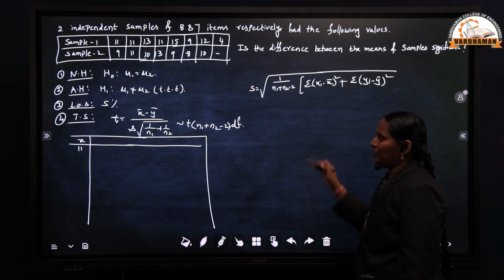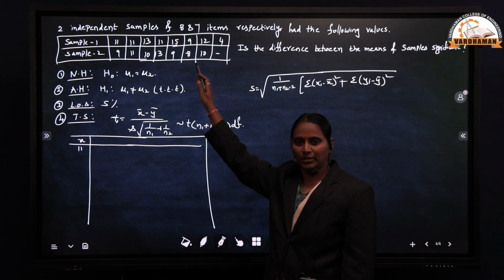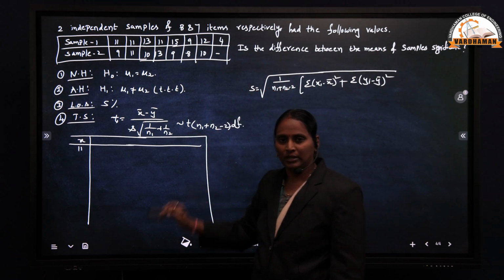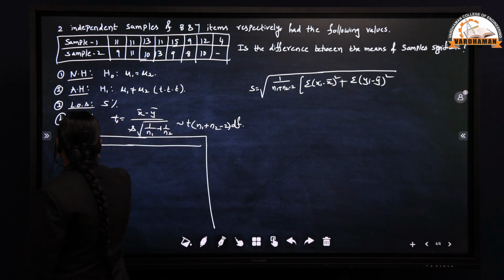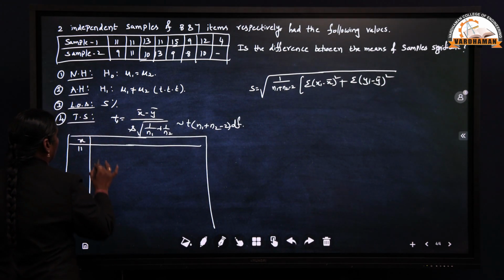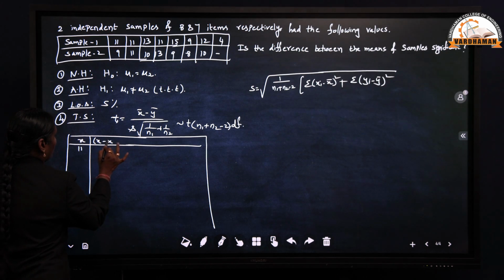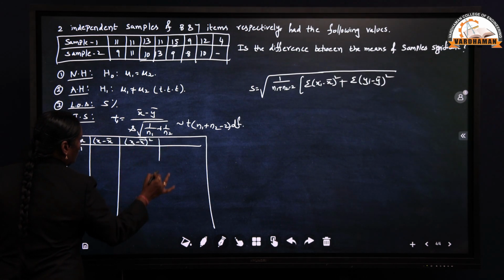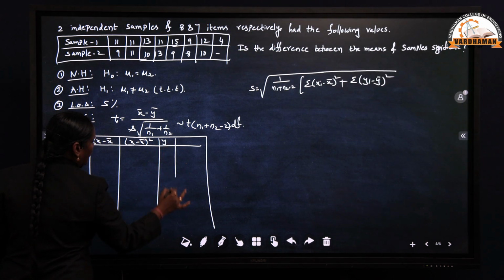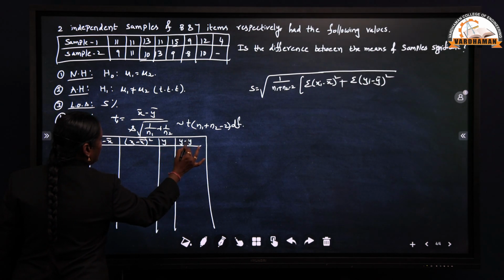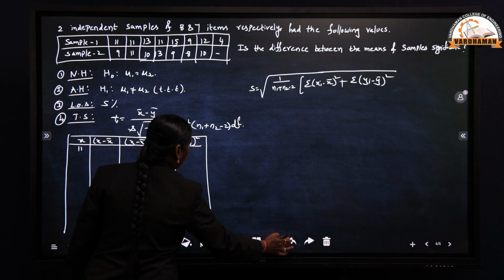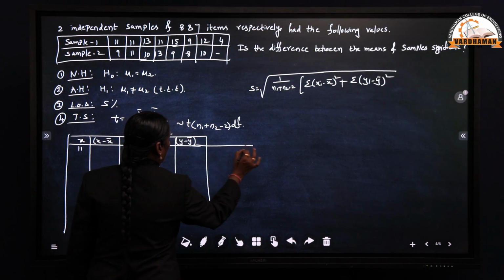By this we find the value of s, but we do not have the values of x bar, y bar, so we find all these values using the tabular form. The first column has x values, the next column x minus x bar, the next x minus x bar whole square, then the y values, then y minus y bar, and then y minus y bar whole square.